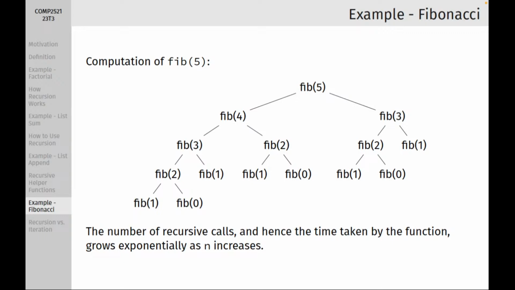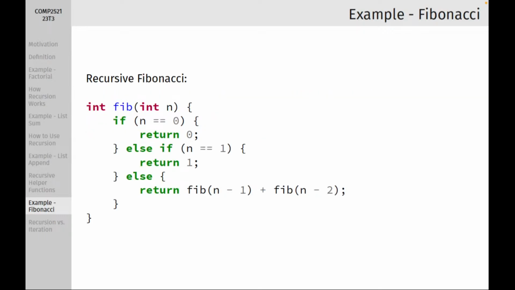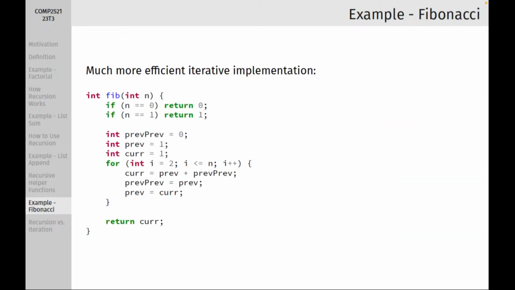What ends up happening is that the number of recursive calls grows exponentially as n increases, and the time taken by the function will increase exponentially as well. So this is an example of a case where recursion is not so great and can be horribly inefficient. For Fibonacci, it's best to just use the iterative implementation, where you just use a loop.